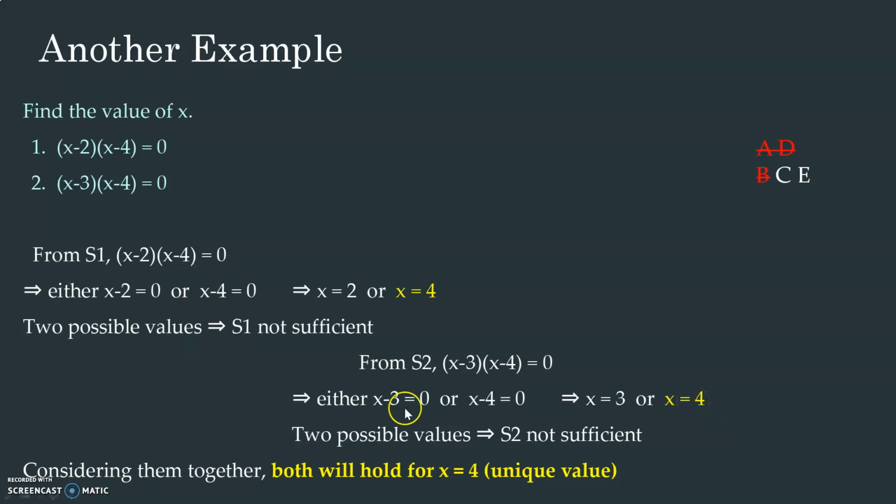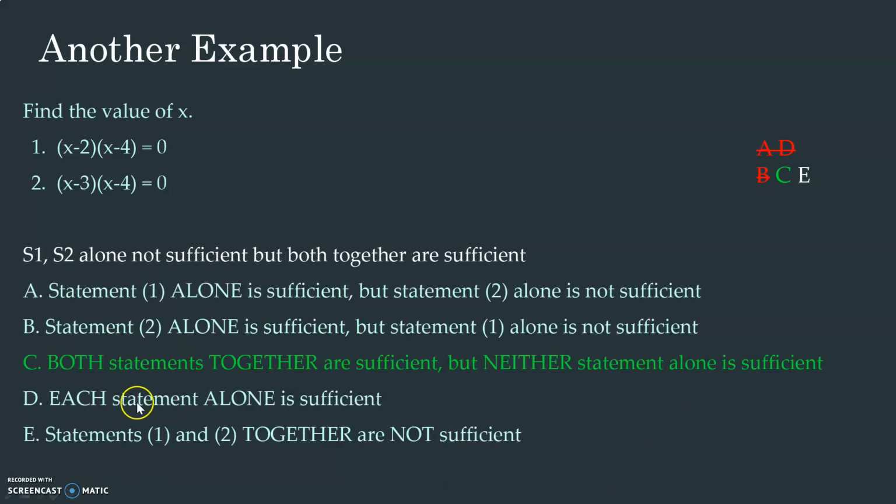Both of them together will hold only if x equals 4 as shown here. So both will hold for x equals 4, which leaves you with a unique value for x. Once you get a unique value, you will say statement 1 and 2 alone are not sufficient, but both together are sufficient to answer the question, which gives us option C as the right answer.